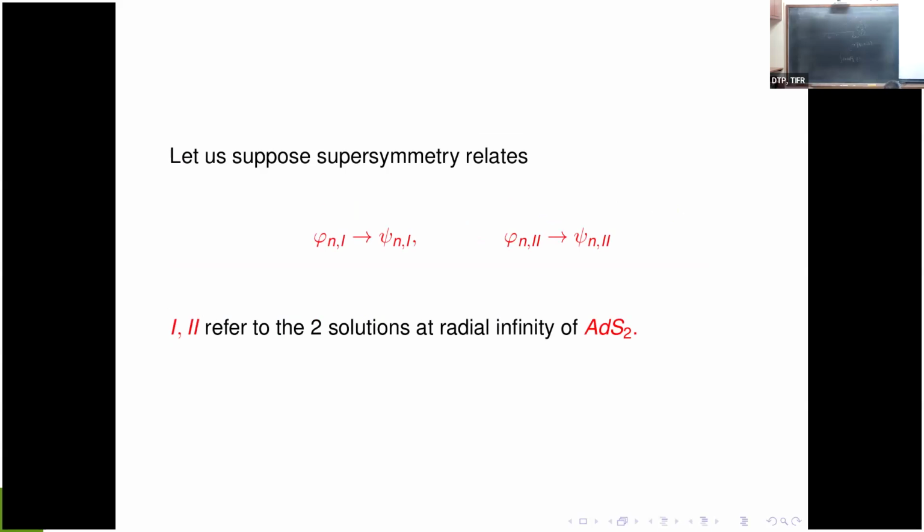We discovered this actually by doing the supersymmetric problem. So suppose supersymmetry relates the modes φ_n to ψ_n, and this is the first class of normalizable modes, the first class of solutions to that equation for the Green's function, and this is the second class of solutions to the differential equation. So these are the two solutions at radial infinity of AdS2.